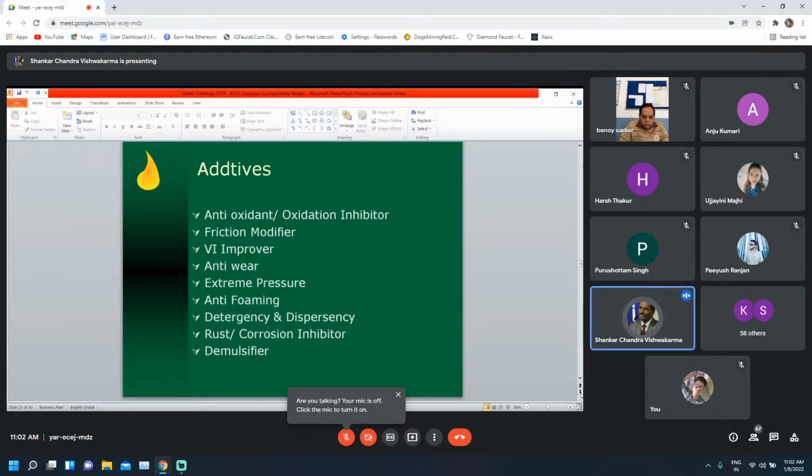Friction modifier, as I said, is nothing but the anti-friction additive. So we are reducing the friction by putting this friction modifier.